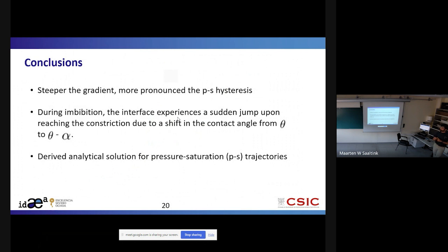During imbibition, the interface experiences a sudden jump at the entrance of the constriction, and this is because the contact angle changes from theta to theta minus alpha.